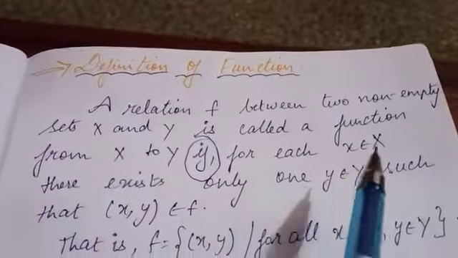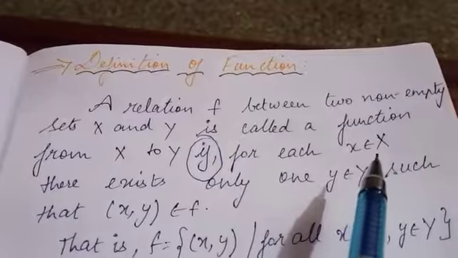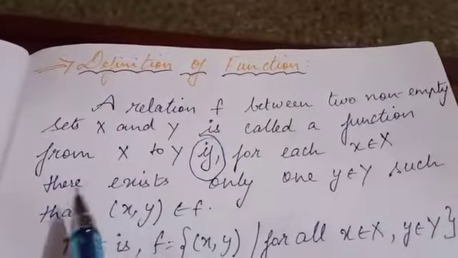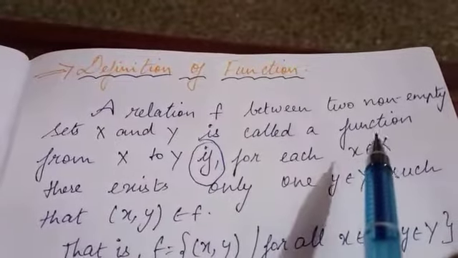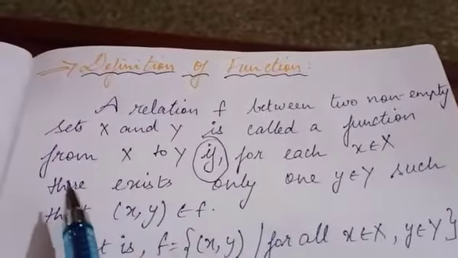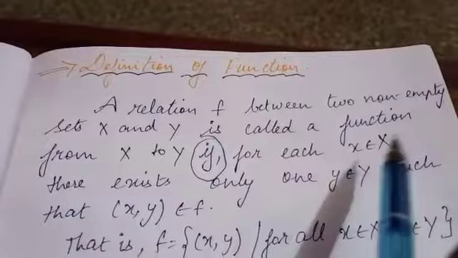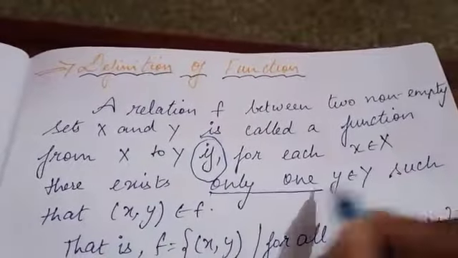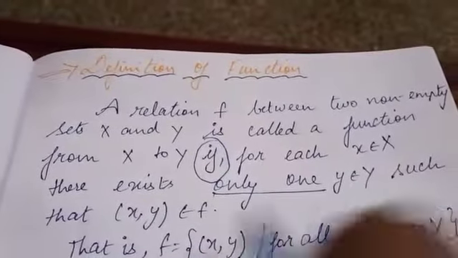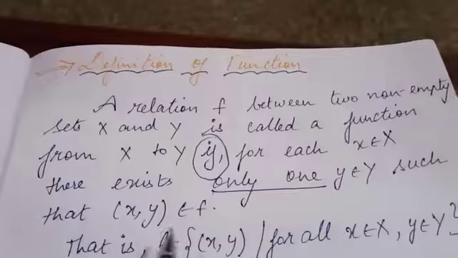For each x belongs to capital X, where small x is the element and capital X denotes the set, there exists only one y belongs to Y such that (x, y) belongs to f.